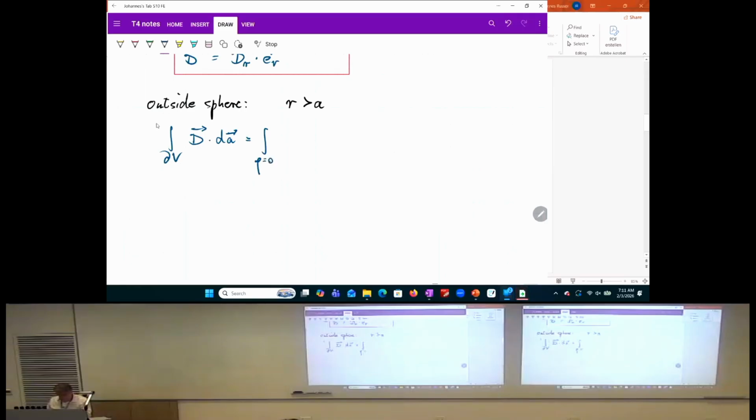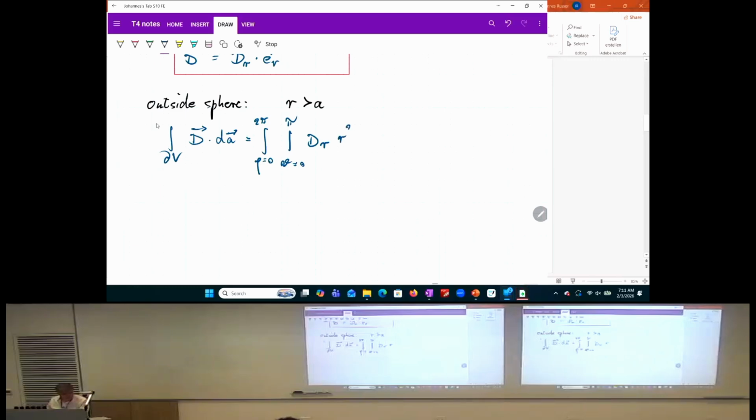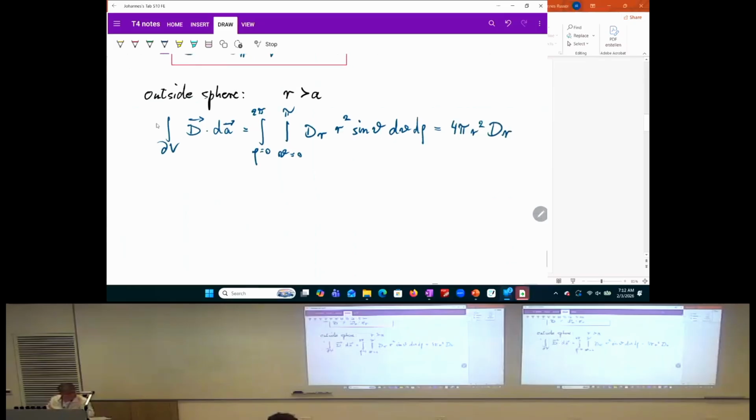Let me first rewrite that. That is from phi 0 to 2 pi, theta from 0 to pi, just the R component, adjusted for the differential surface element in spherical coordinates that brings in the R square sine theta, d theta, d phi, and this is 4 pi R square D_r, just like before.